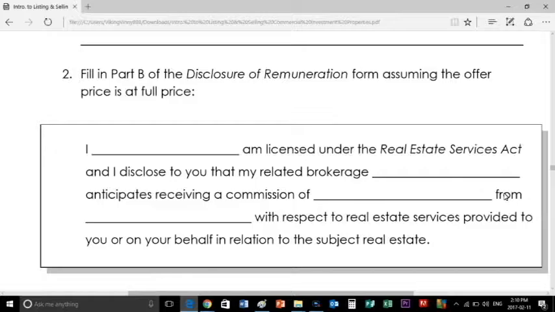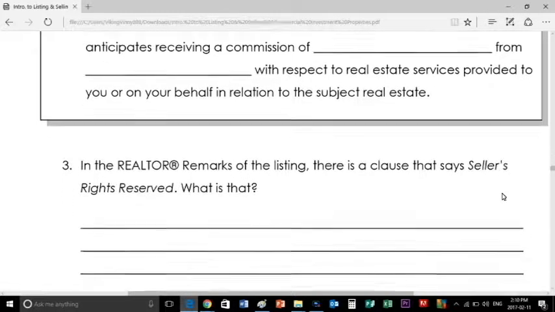So I, your name, am licensed under the Real Estate Services Act, and I disclose to you that my related brokerage, so you put it in, anticipates receiving a commission of, put the commission, from, put who's going to give it, with respect to real estate services provided to you or on your behalf in relation to the subject real estate.